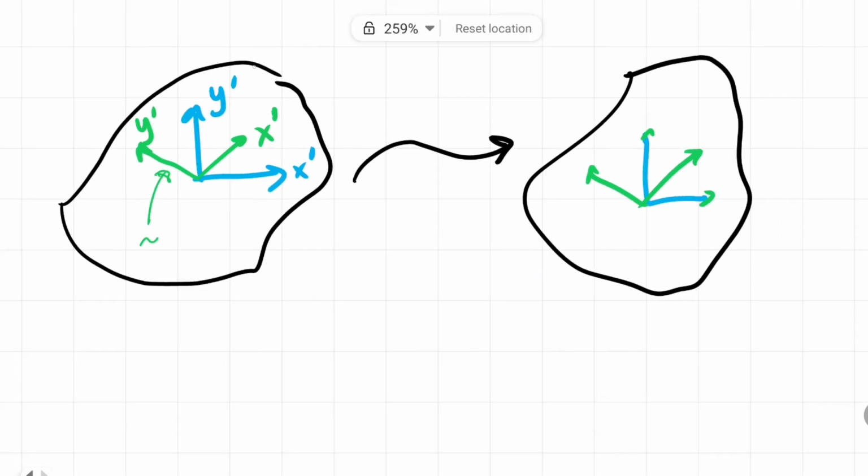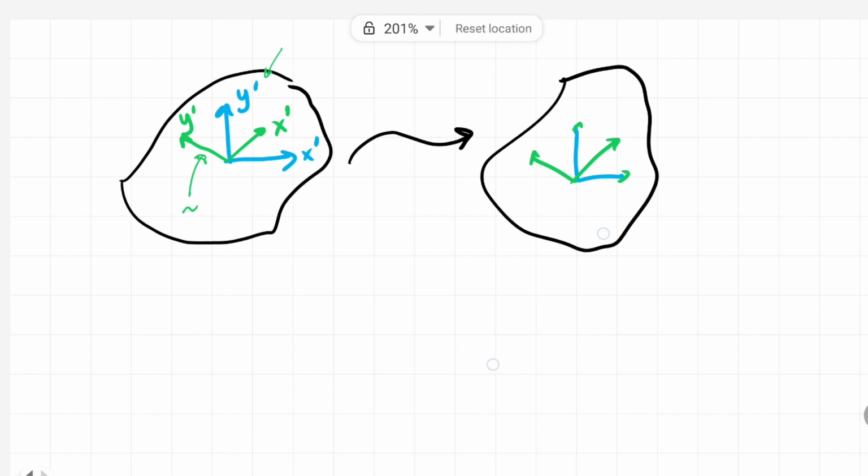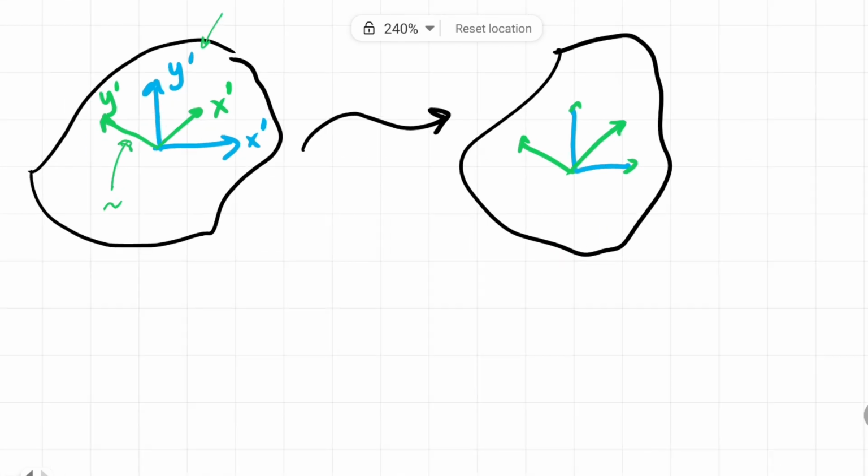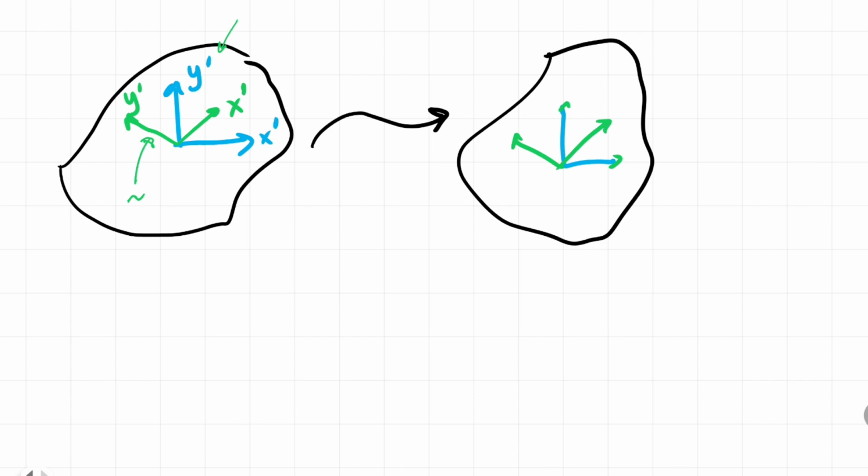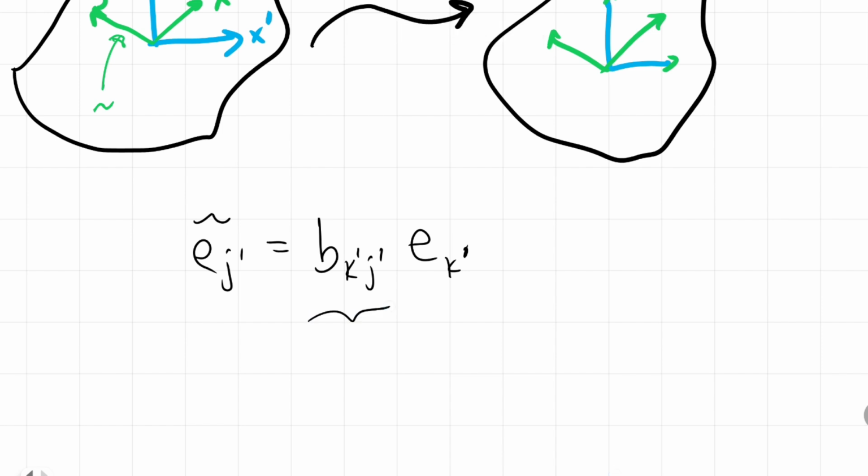If this is the primed coordinate system, this is going to be the tilde prime coordinate system. So we can establish a relation between the two coordinate systems like this. We are going to have that e_j tilde is equal to b_kj e_k, like this.